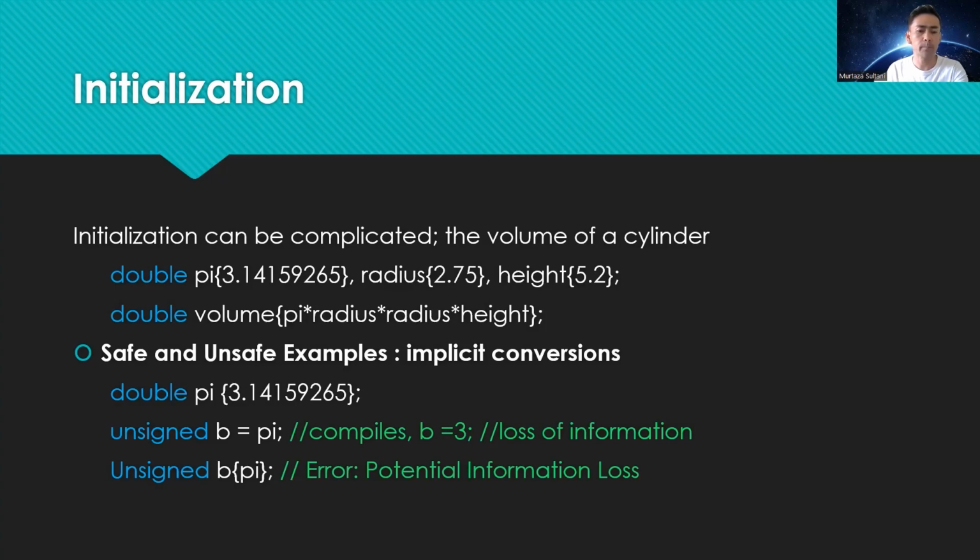However, if we initialize in a safe method, for example unsigned b in brackets pi, then the compiler will not compile it, and it will give us an error with potential information loss or a similar message.